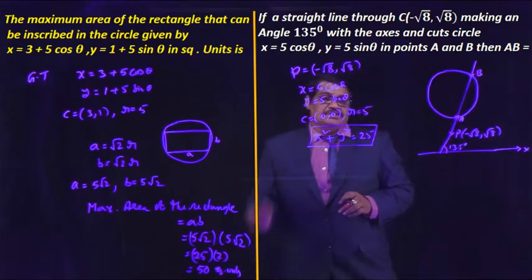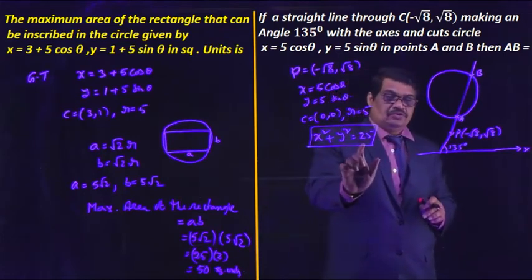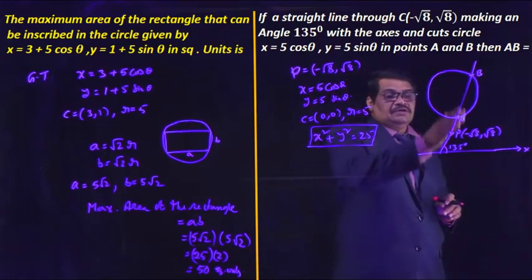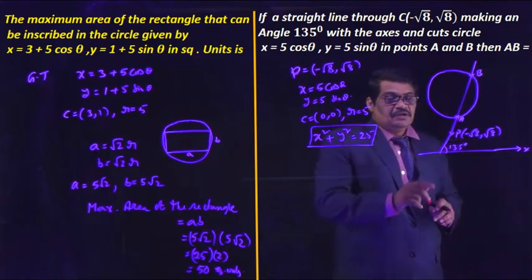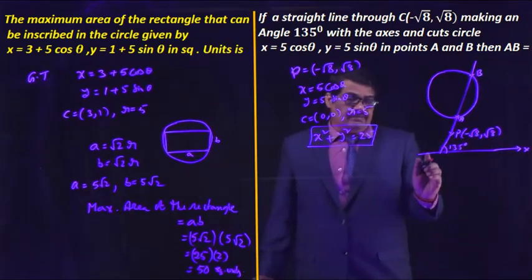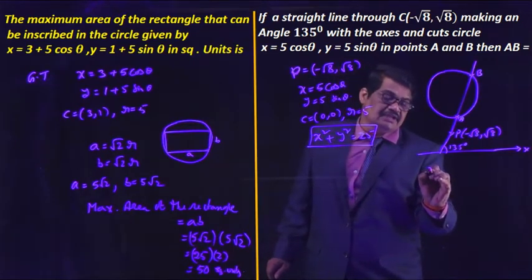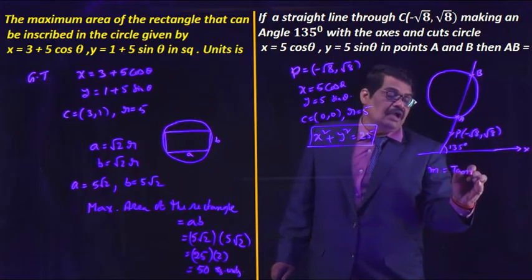Okay, so this is the given circle, x square plus y square is equal to 25. This line is passing through the point minus root 8 comma root 8 and making an angle 135 degrees. If any line makes an angle theta with the x-axis, then what is the slope of that line? M is equal to tan theta.